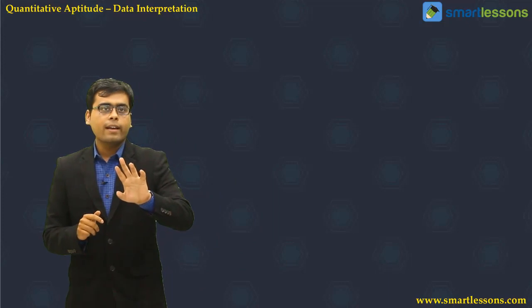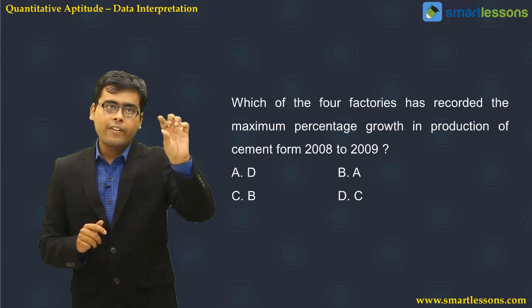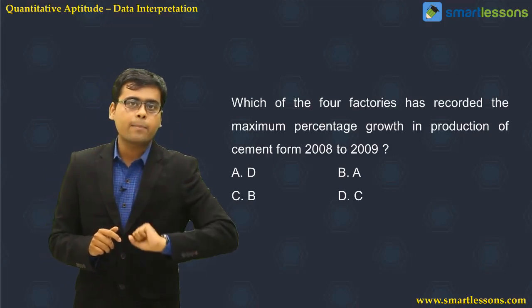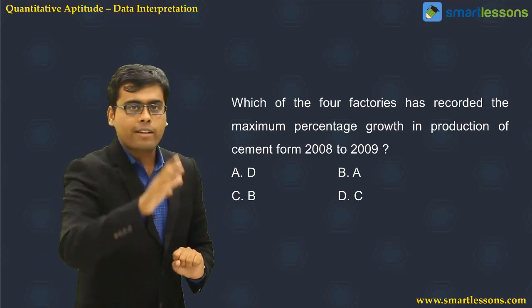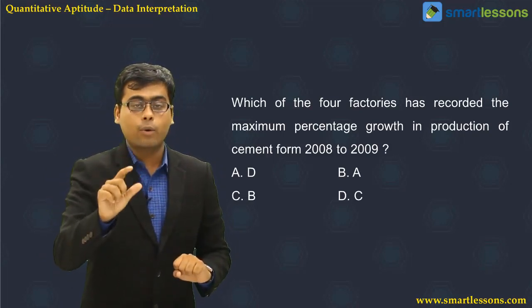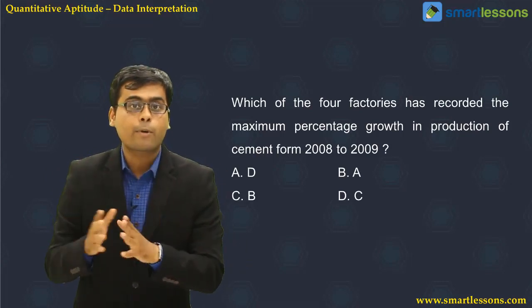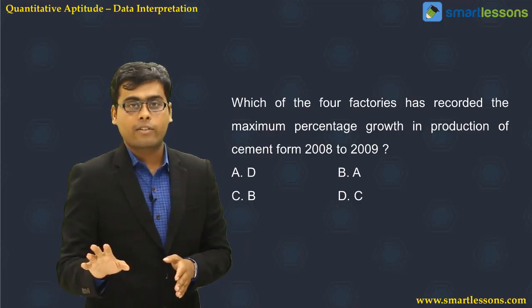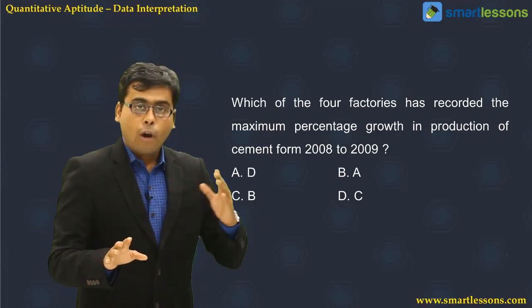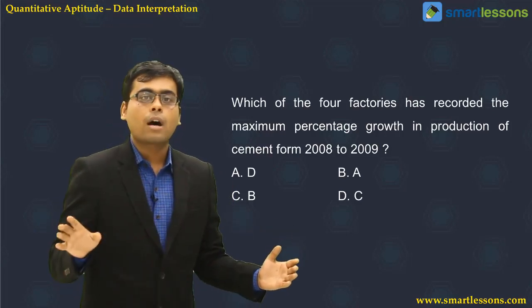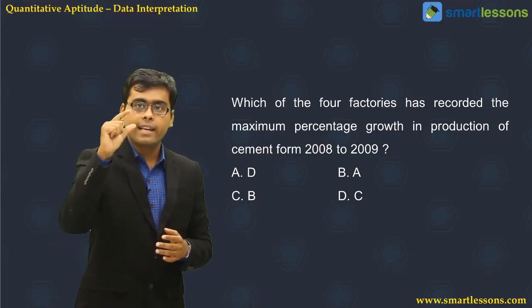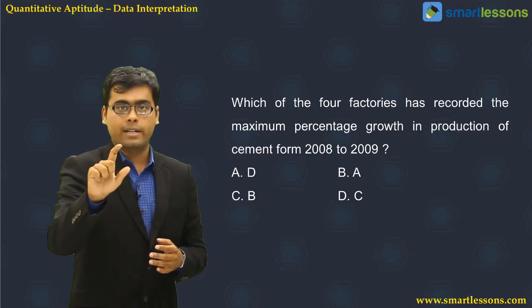So if I find the difference in length between this blue and the red bar for factory A, that will tell you the increase in production by factory A from 2008 to 2009. So that difference in length is the required increment.